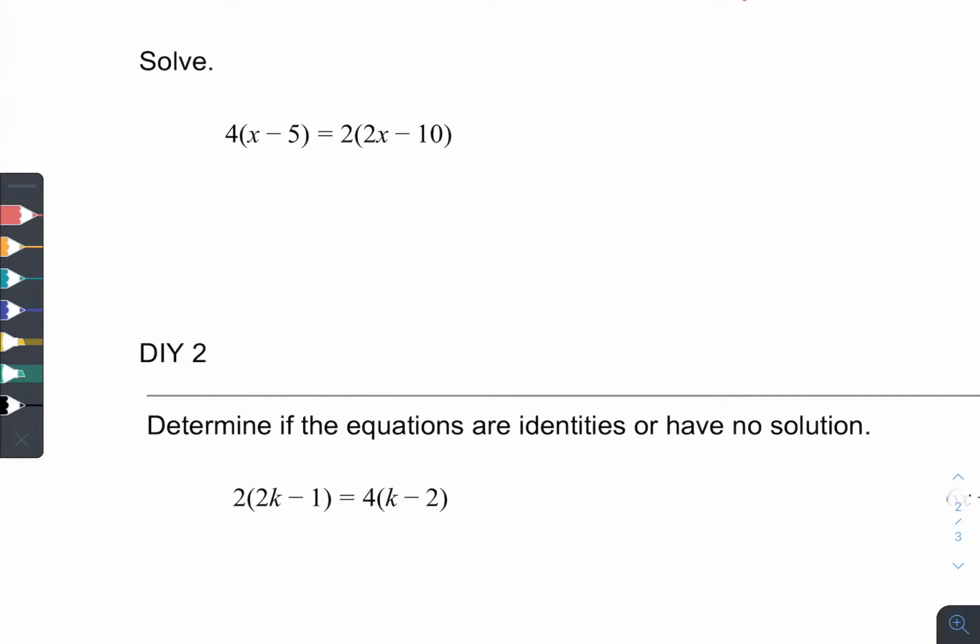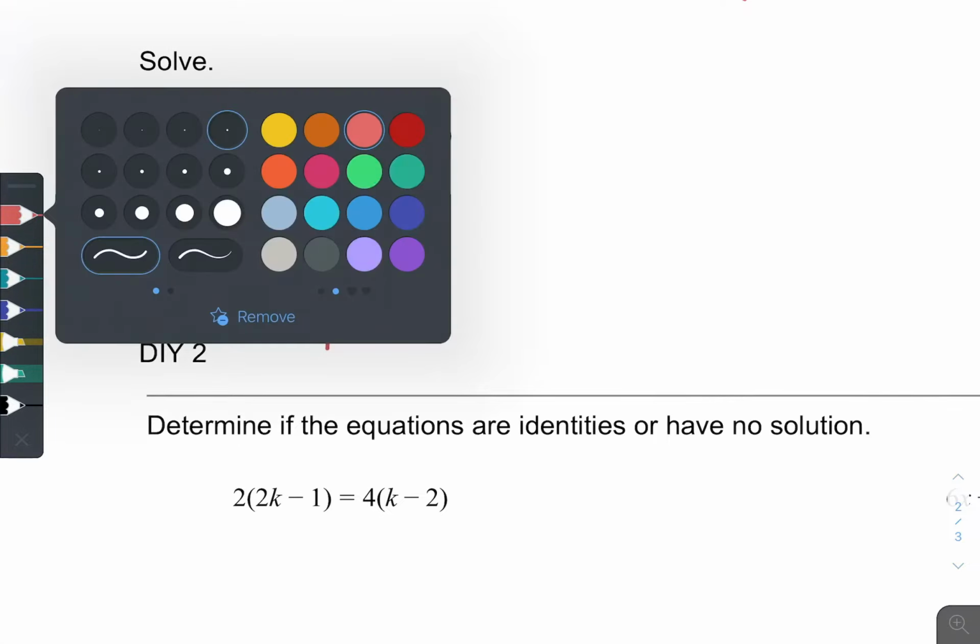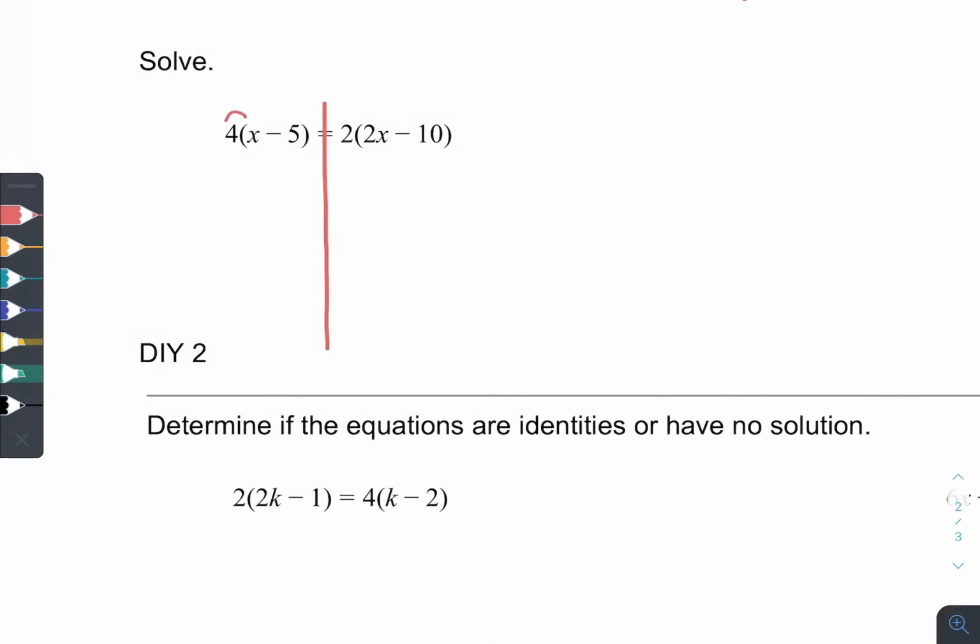All right, so let's go ahead and draw our line. First step is to distribute. So 4 times x and 4 times negative 5 gives us 4x minus 20. And then on this side, distribute 2 times 2x is 4x, and 2 times negative 10 is negative 20. Now, you might already notice that we have the same thing. Both sides equal each other.